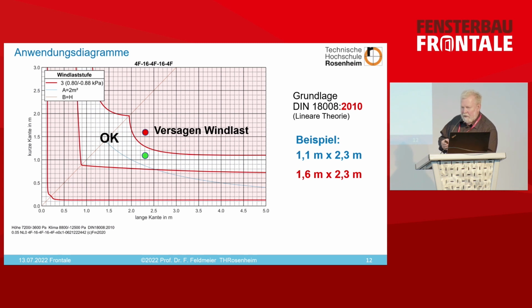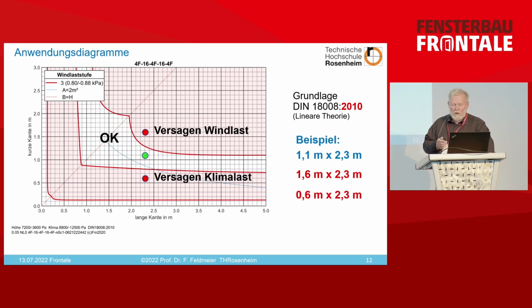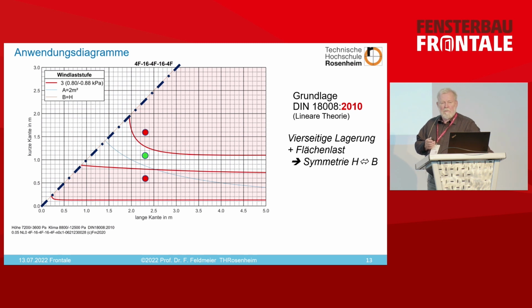So if you have a bigger glass, 160 by 230, then you're going to end up here in this red area. So that means that the glass is going to break because of wind. And if you're under it, then it's because of the climate load. Okay, so we're going to leave the top part out of this diagram, and we just assume that it has 4 sides, so overall that is included.